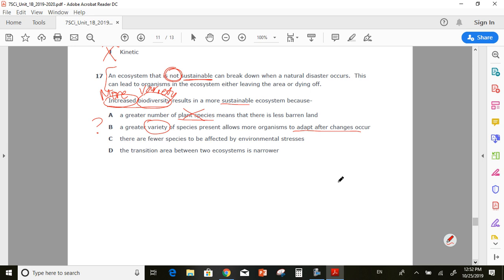Letter C says there are fewer species to be affected. That's not true. Fewer and more do not make any sense. And letter D says the transition area between two ecosystems is narrower. And this one just confuses me because we're not talking about two ecosystems, we're talking about one. So A, C, and D are wrong. B is your best answer choice.